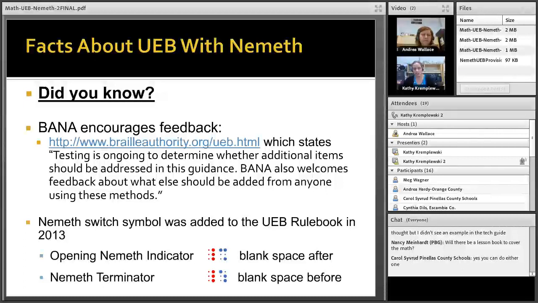If you've got opinions, express them. On the bottom of BANA's webpage, there's an area, I believe, where you can just type in comments. If you are a Nemeth transcriber and use this a lot, give them feedback, because they need to know if there are issues you're running across. Who better to tell them than somebody who uses Nemeth on a regular basis.